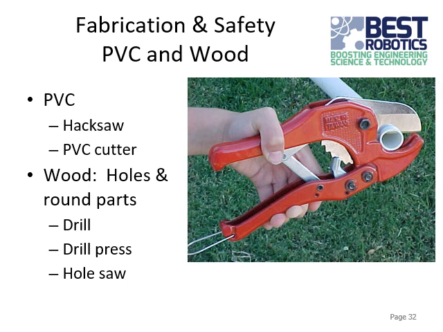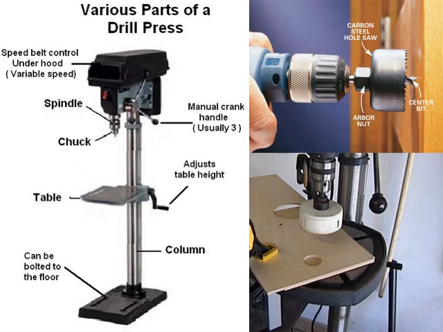For wood, and we'll get into more detail here in a second, but with round parts and holes that you want to cut, you've got drills, drill presses, and hole saws as options. So this shows a drill press.